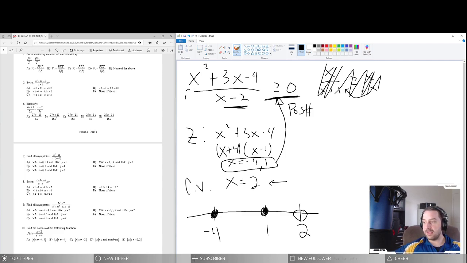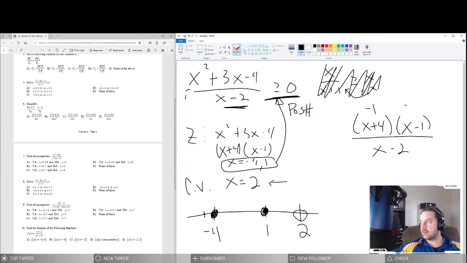So if I test negative 5 and I plug it into the factored rational expression, you're going to get -1 times -6 over -7. We basically count the negatives: 1, 2, 3.